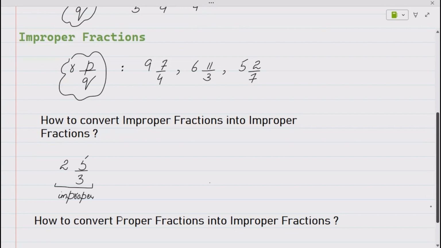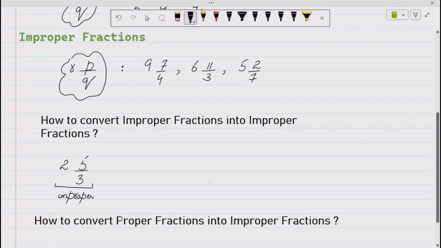Now we see how we can convert an improper fraction into a proper fraction. The method is really easy. First of all, we multiply the denominator with the constant factor term.